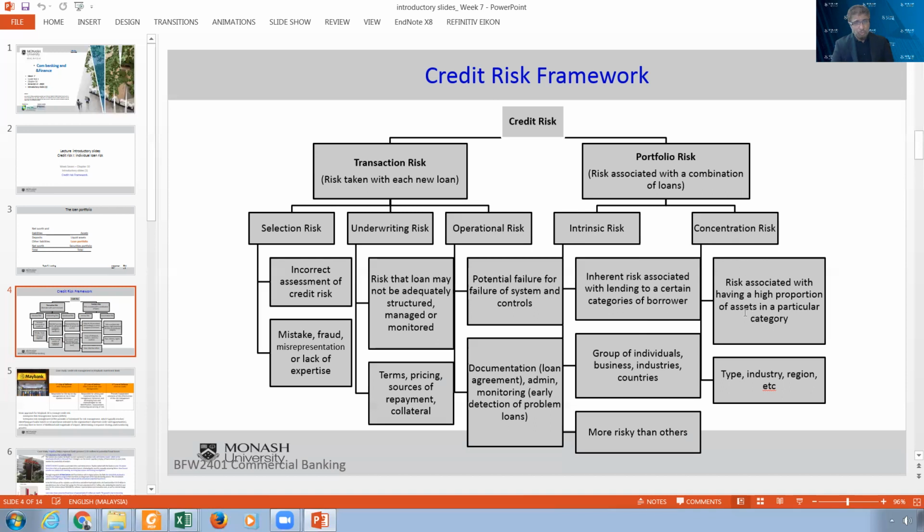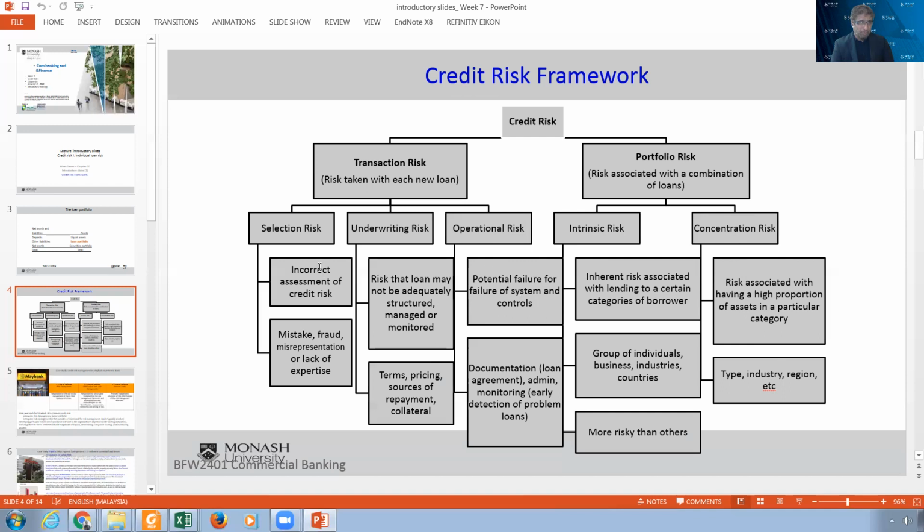So this is what we call concentration risk. There is no diversification in your assets. It's good when the industry is good, but when it is bad, it will lead you to this problem. So this framework gives you some background.